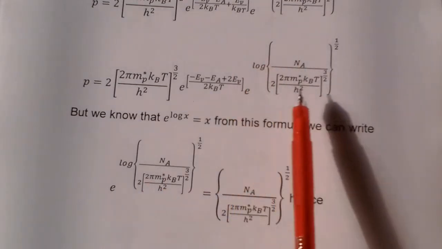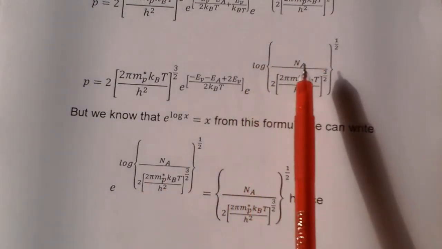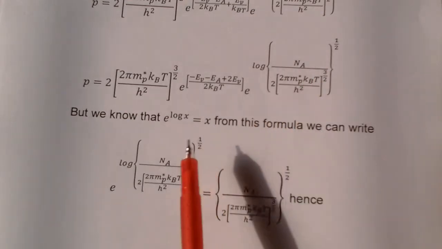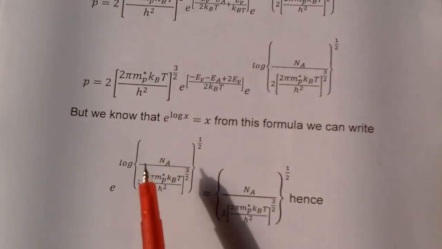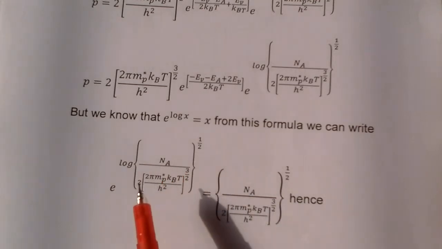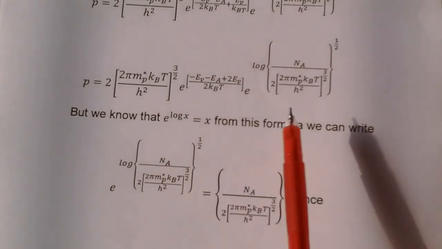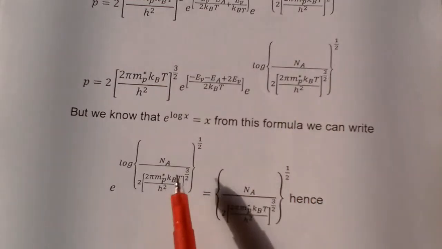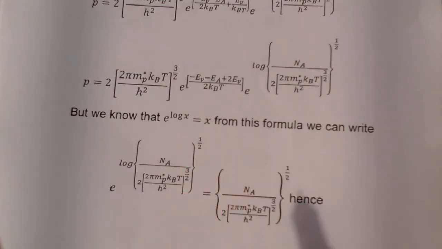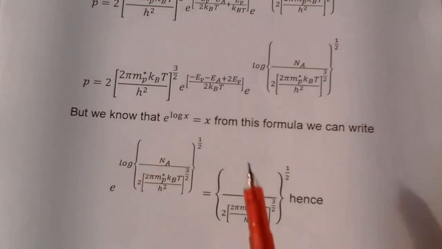This value only I am writing here. e to the power of log x is equal to x. We are writing e to the power of log (NA / 2) into (2 mp* kBT / h²) whole power 3/2, whole power 1/2. So if it is like this, then what happens?